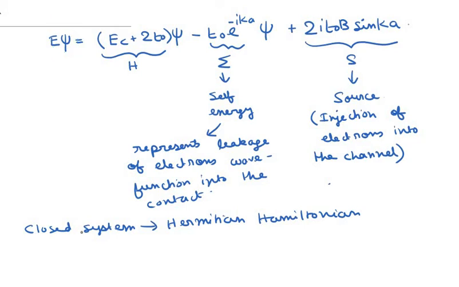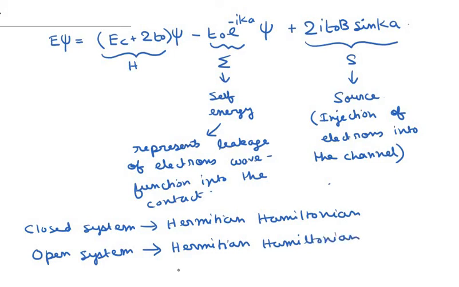So this system is now an open system. An open system is where the channel wave function can leak into the contact, into the surroundings. So we still have the Hamiltonian to be Hermitian, but we have a term which is non-Hermitian, which is known as the self energy.